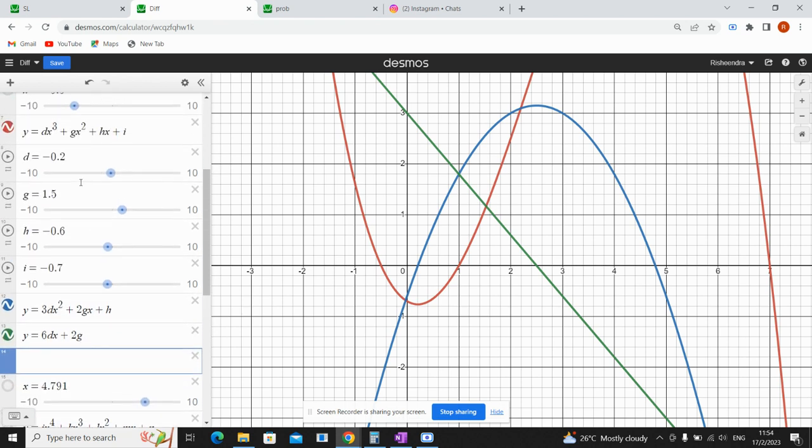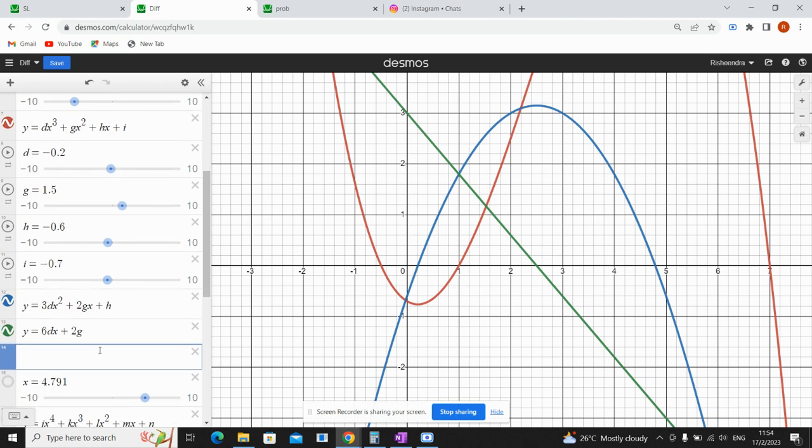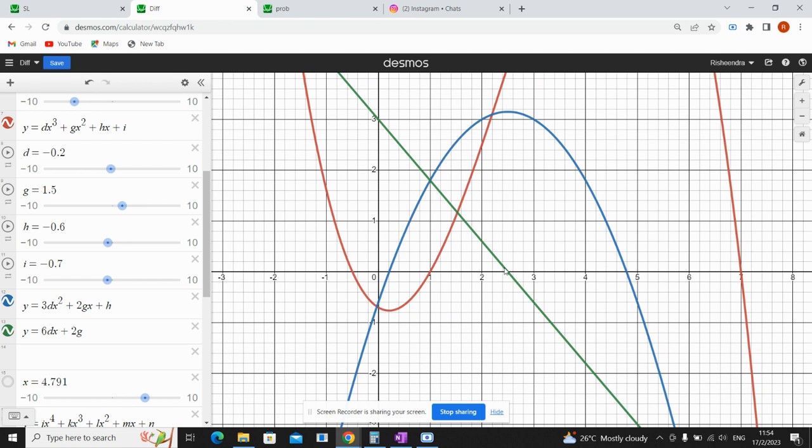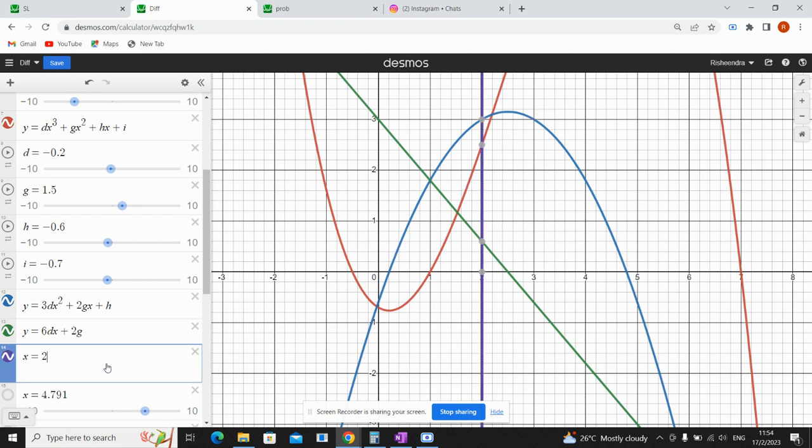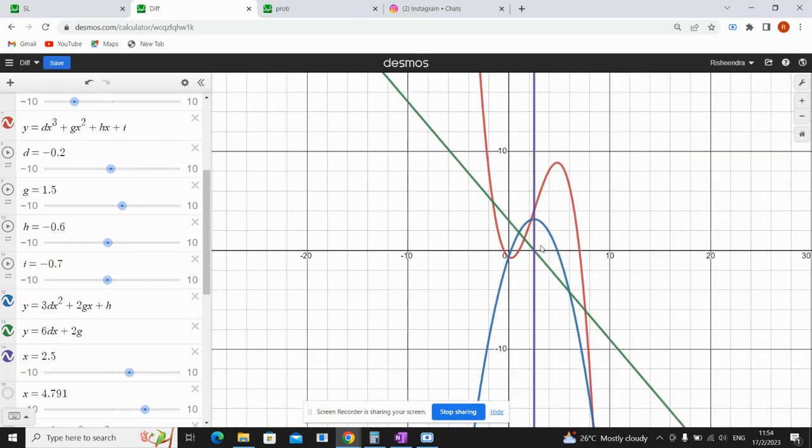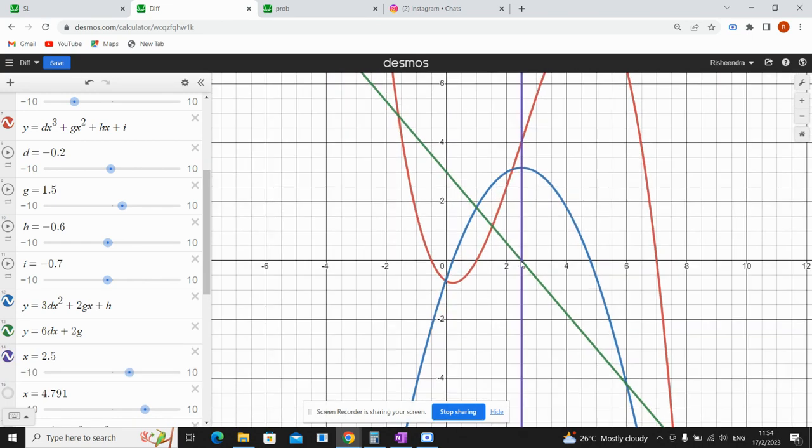See, the double differentiated, for a clear understanding, I will mark up a line here. When the double differentiated indicates 0, x is equal to 2.5. Get it? Up to x equals 2.5, the current graph will have a minimum value, which means it is positive.